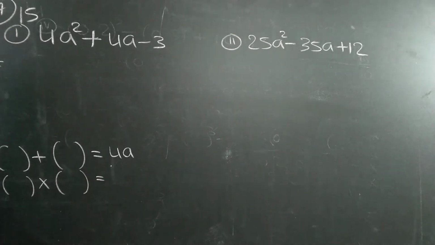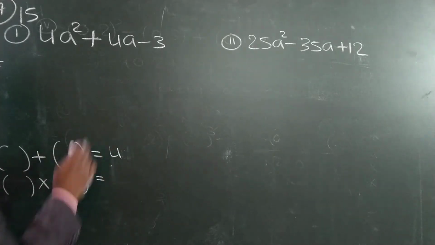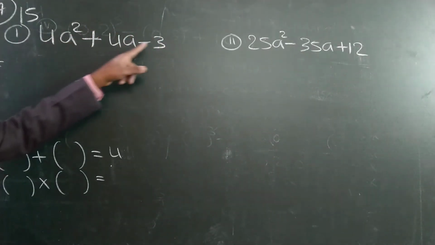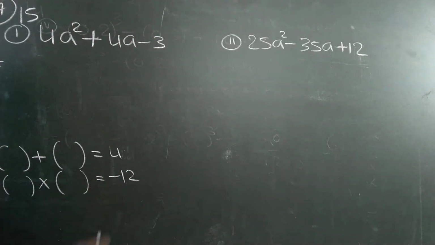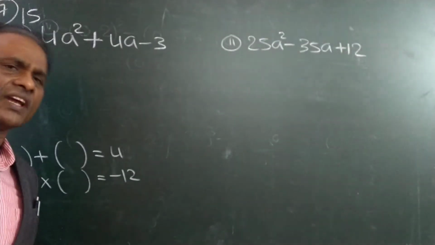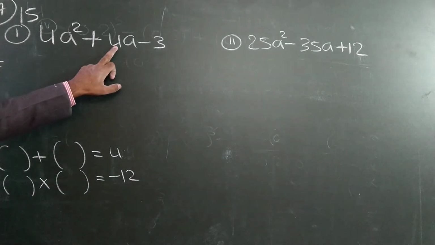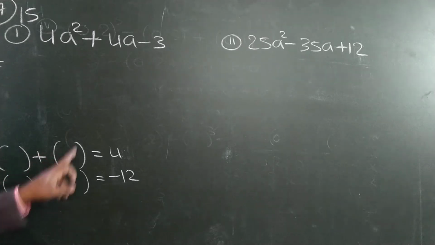Let us take a into minus 3 into 4, minus 12. Of course, a we will write. If you decide the numbers, we can write a for both. Sum should be 4. Tell the two numbers, sum should be 4.